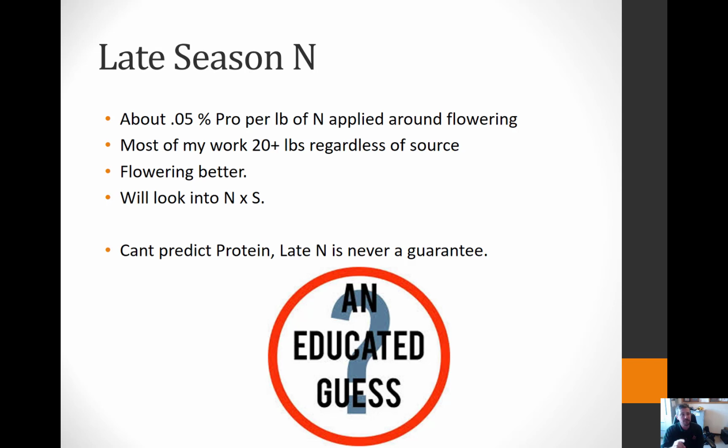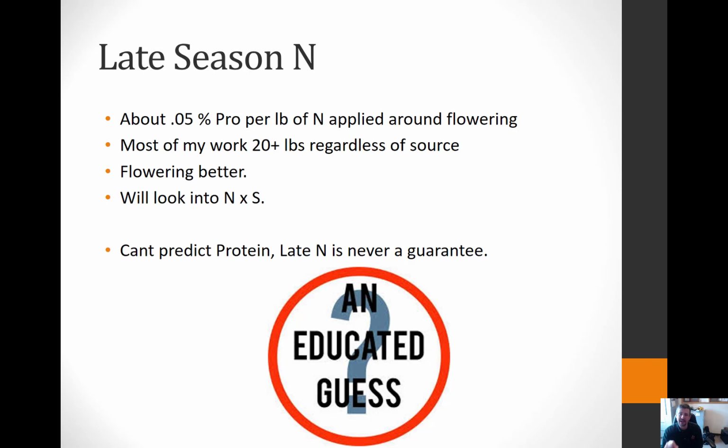Add about 0.05% protein per pound of N applied at flowering. So at any time, a pound of nitrogen applied to the crop will only, if 100% converted, increase your protein content by 0.05%. So it takes 2 pounds of N to go up 0.1% protein.